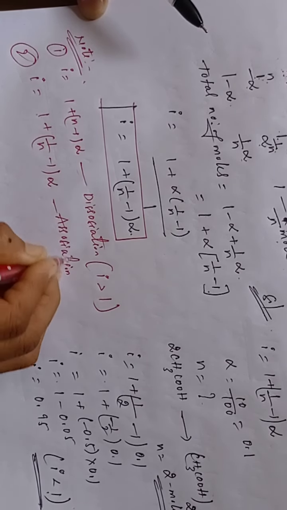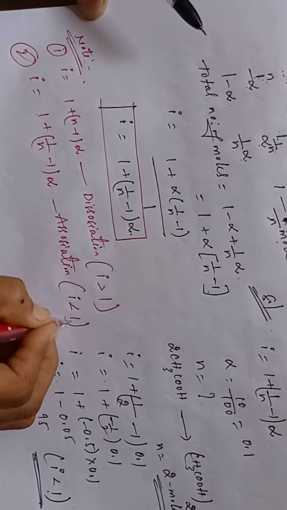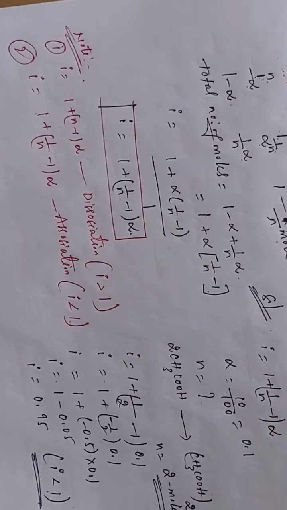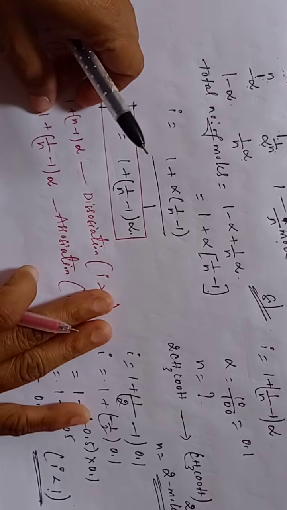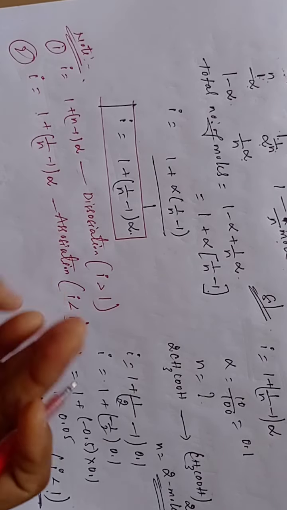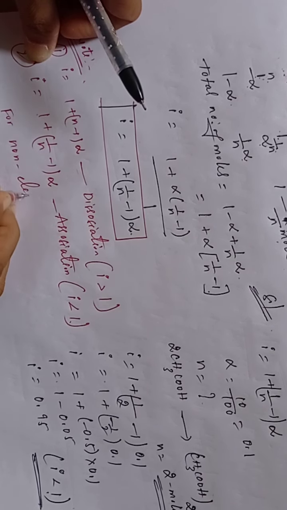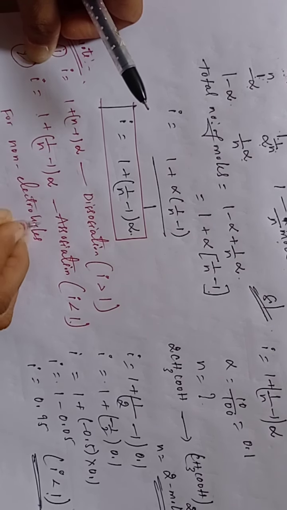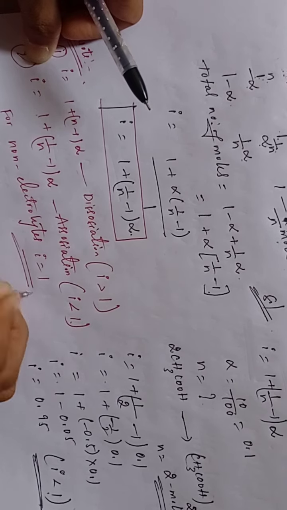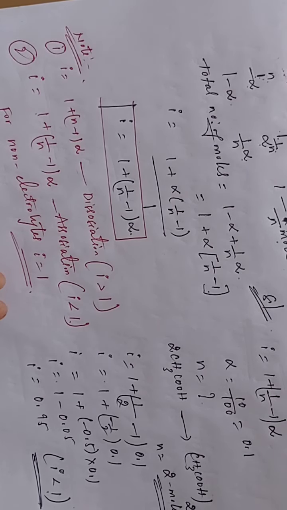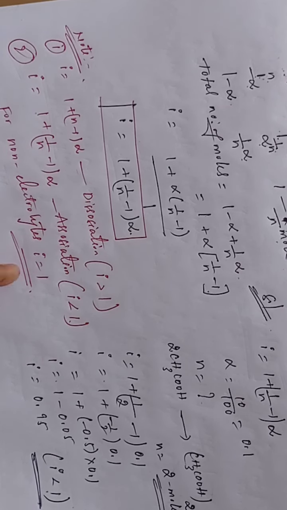Association means i is less than 1. This is in the case of electrolytes. For non-electrolytes, the i value is equal to 1. Electrolytes undergo dissociation or association. Non-electrolytes will not undergo dissociation or association, so the i value is equal to 1.